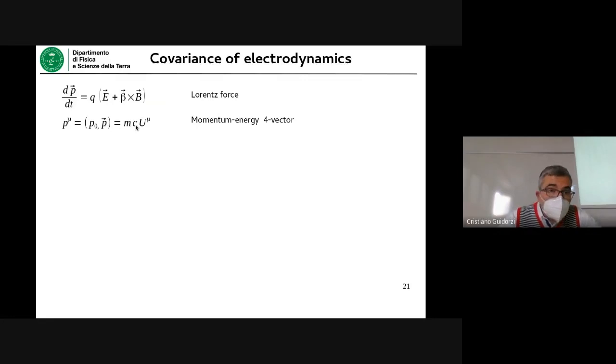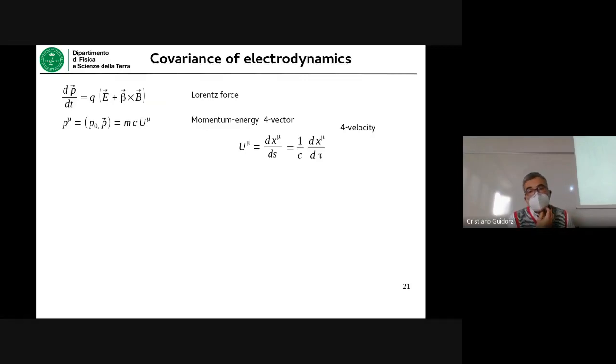But this can also be expressed as mc times u, where u is the four-velocity, which I remind you we define as dx mu over something which must be Lorentz invariant, the interval ds. ds is c d tau, where tau is the proper time.